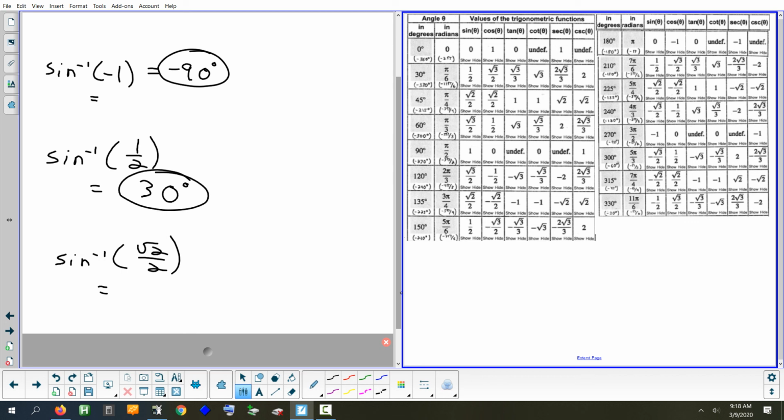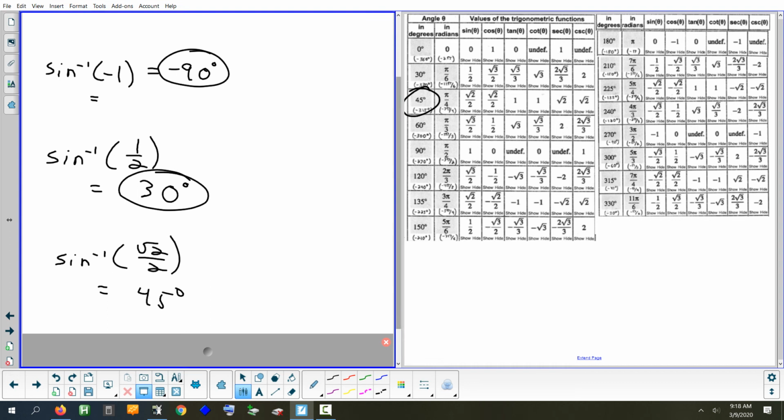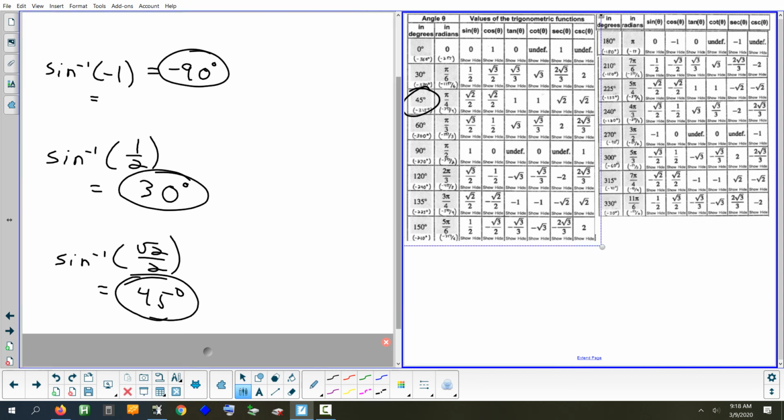Do you see what angle is in the row that has root 2 over 2? Yep, 45 right here. 45 degrees. And again, you might say, well, why not the negative 315? We already talked about that. Why not the other one, root 2 over 2 that's down here? Same reason. It's got to be between negative 90 and 90.